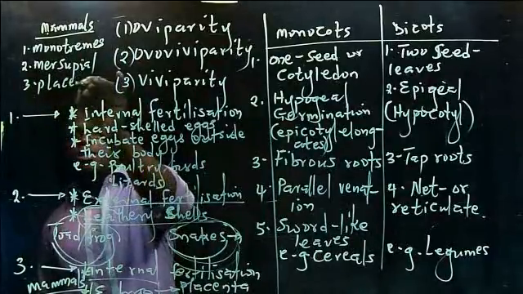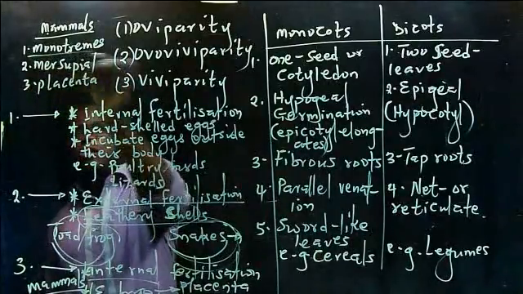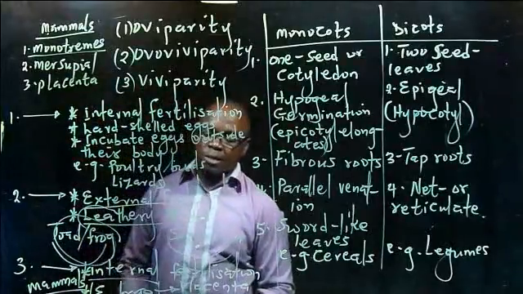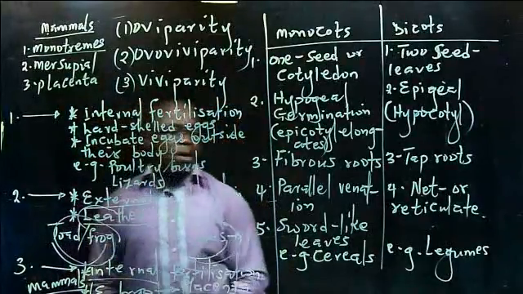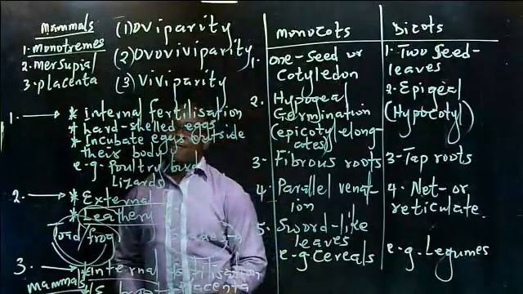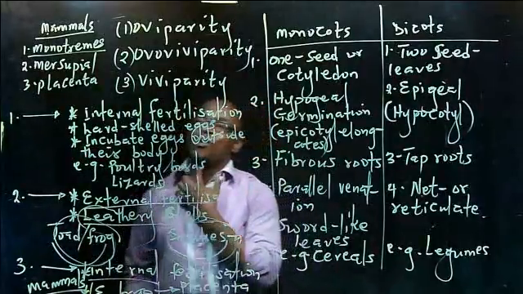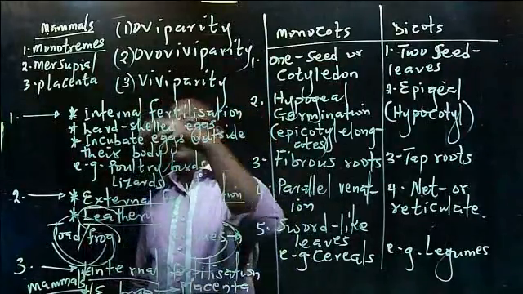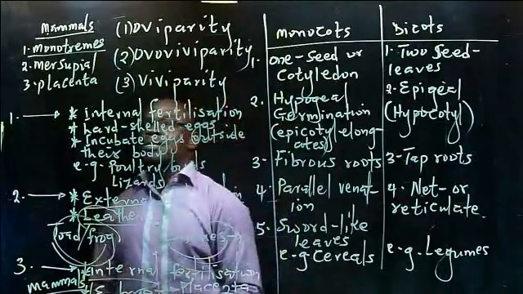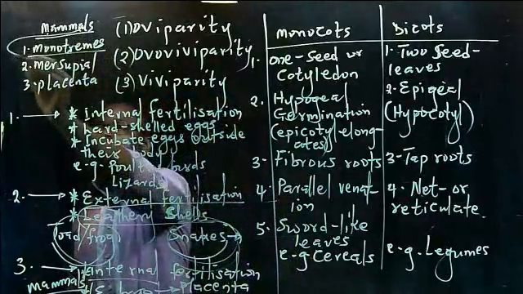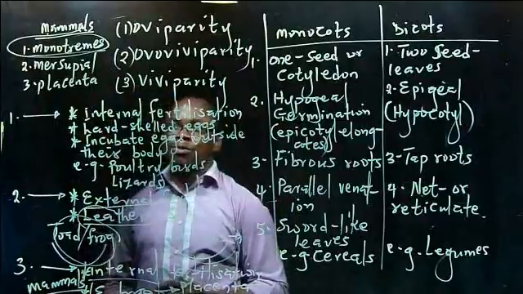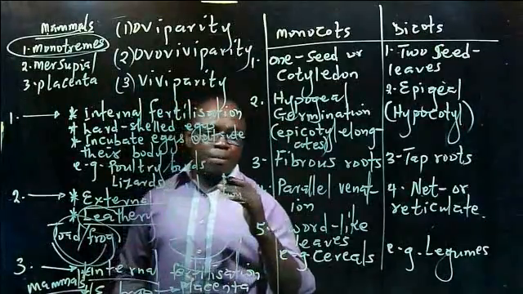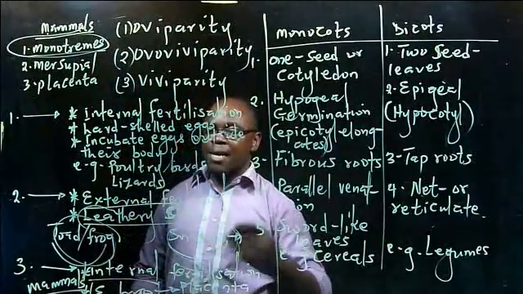Now, who are the monotremes? Most times we say mammals are animals that give birth to their young ones alive, but at this point, I need to make you understand that there is a group of mammals that are known to lay eggs. This group is basically called monotremes. So monotremes are mammals that lay eggs. Egg-laying mammals are called monotremes.